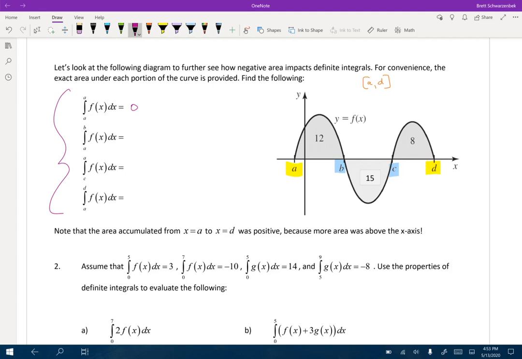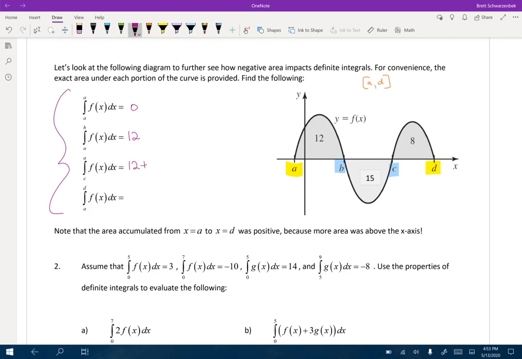So the curve from A to B is here, right? This is your curve. So what's the area under the curve? It looks like 12. Now, what if you go from A to C in this problem? Okay, so we already know A to B is 12.